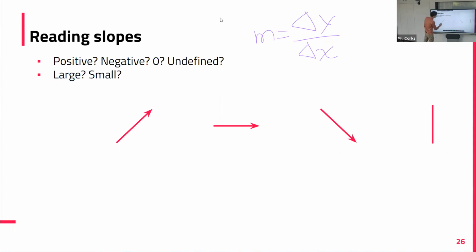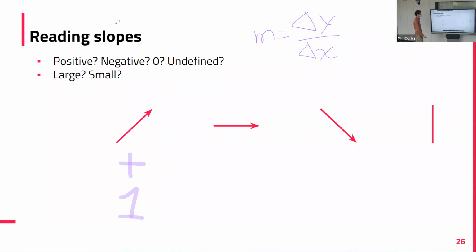So right now, if I show you this one, can you tell me what the slope is? All right, so it's going to be positive, yes? Is it what kind of number? A really large number, really small number? 1. So this is just positive 1. So it's exactly 45 degrees.